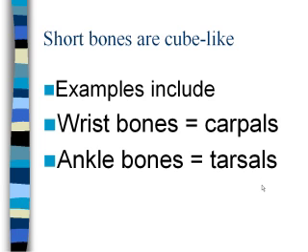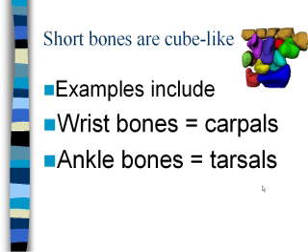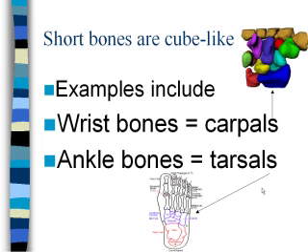The ankle bone and or bones, aka the tarsal bones. Everybody set? Got a couple of pictures here. There are your carpal bones. Again, you can see how they're short and squatty. Ankle bones.